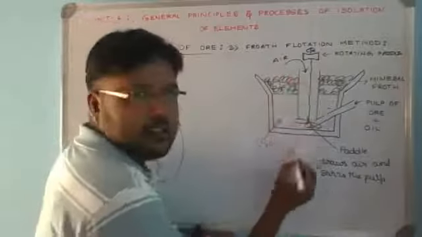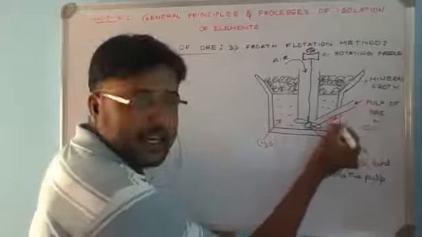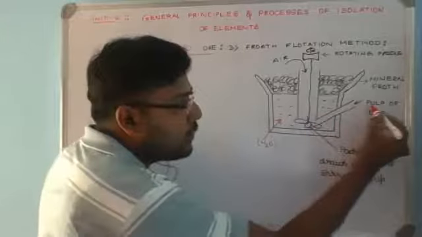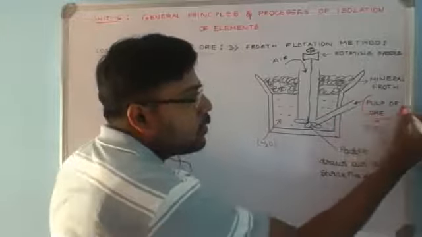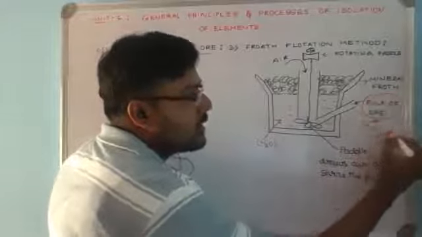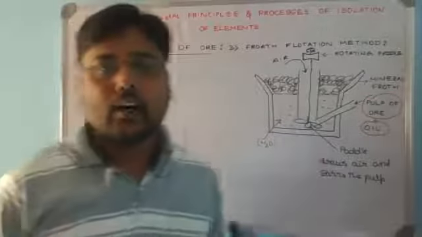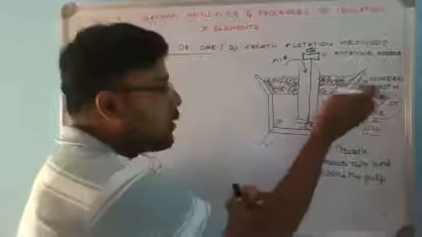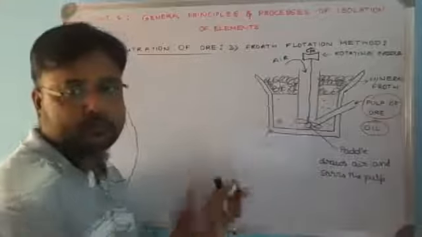Now, into the vessel, through a side tube arrangement, you are going to pass the pulp of ore with oil substance. That is, collector coated ore particles you are going to send through a side tube.